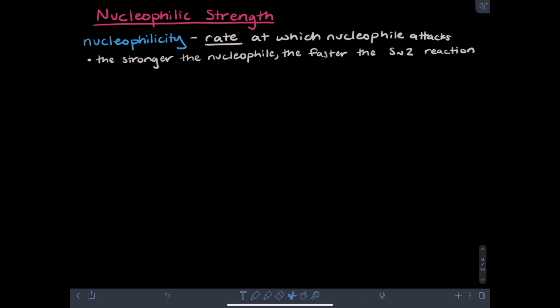The second factor that we need to consider for SN2 reaction rates are the strength of the nucleophiles. I'll use the term nucleophilicity to describe the rate at which the nucleophile attacks an alkyl halide. And the stronger a nucleophile is, the faster the SN2 reaction will be.